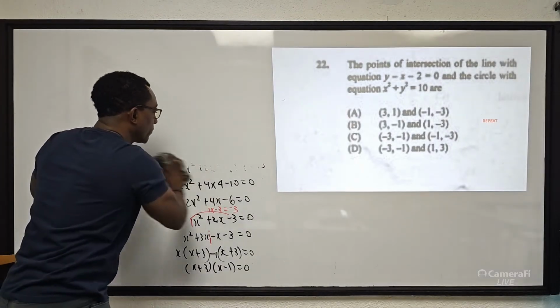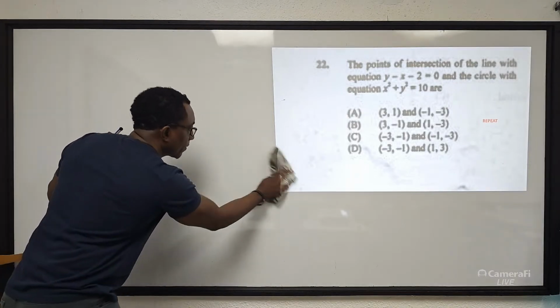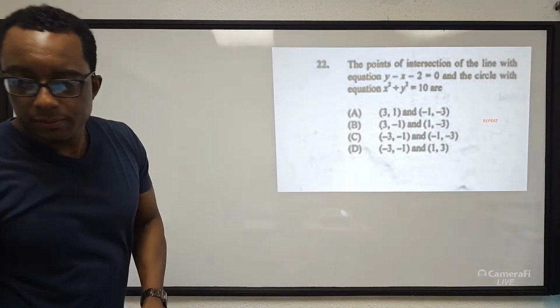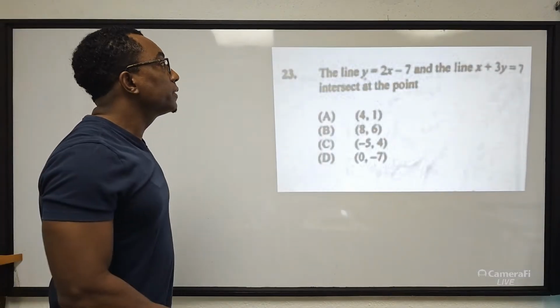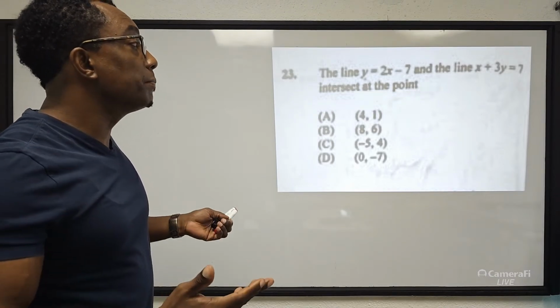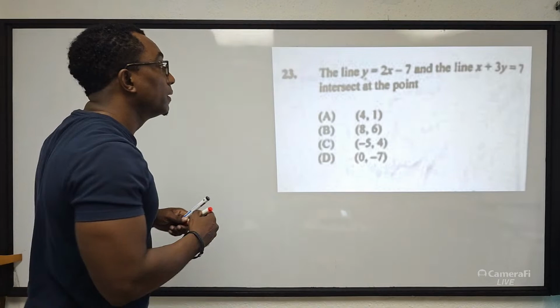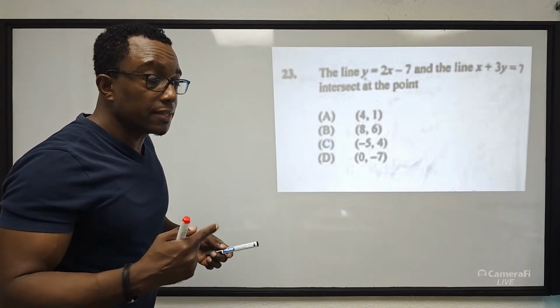So 23, we have, right, the line y equal to 2x minus 7 and the line x plus y equal to 7 intersect at the point. So again, simple simultaneous equations, a pair of linear this time.